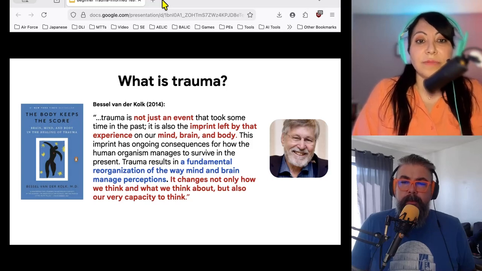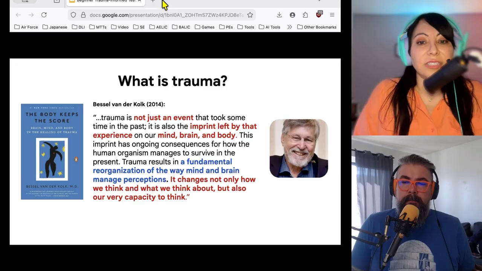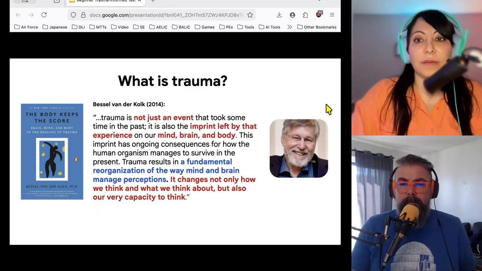Trauma results in a fundamental reorganization of the way mind and brain manage perceptions. And here's the key. It changes not only how we think and what we think about, but also our very capacity to think. And so that has a lot of implications for our students.